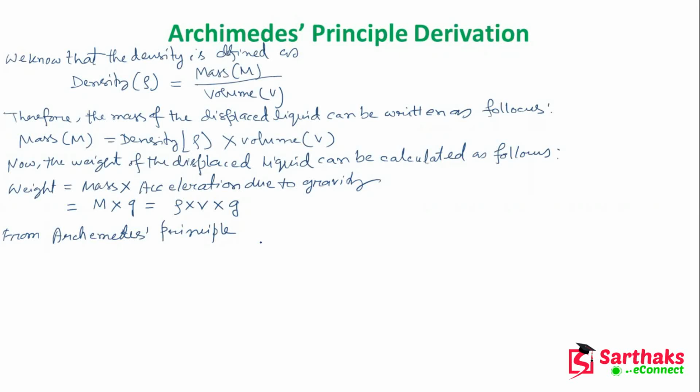So therefore the thrust force is given by rho into V into g, where rho is the density of the liquid, V is the volume of the liquid displaced, and g is the acceleration due to gravity.